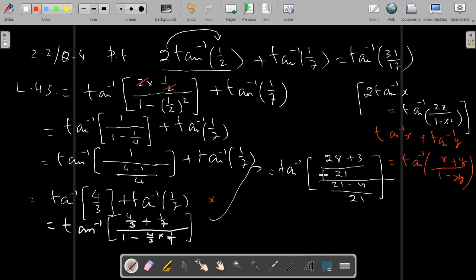These 21s are the same and generally cancel always, and we get tan inverse of 28 plus 3, that is 31, and 21 minus 4 is equal to 17. You can see that we have to bring 31 upon 17, that is equal to the right hand side. So you just have to remember the formulas and put them in the question. You can get it easily.